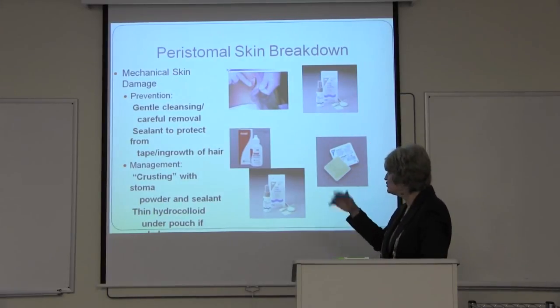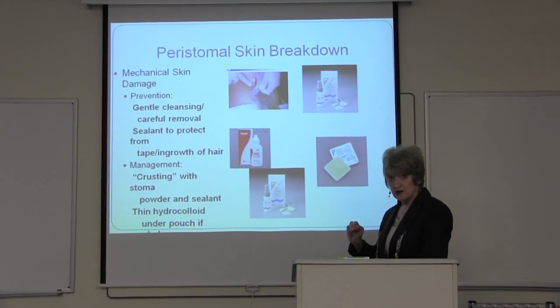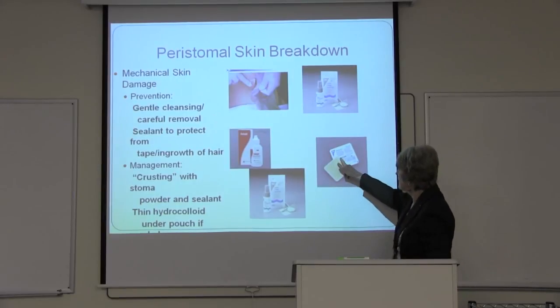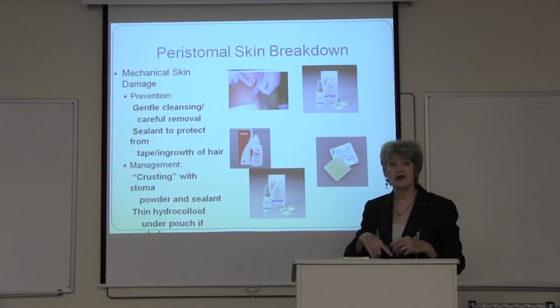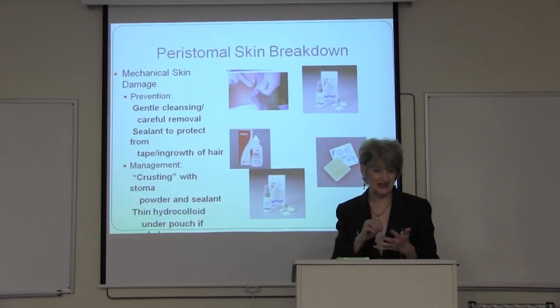In terms of managing, we do our crusting with our stoma powder and our sealant, just like we talked about. And you can also think about using a thin hydrocolloid around the stoma under the pouch if you have significant areas.